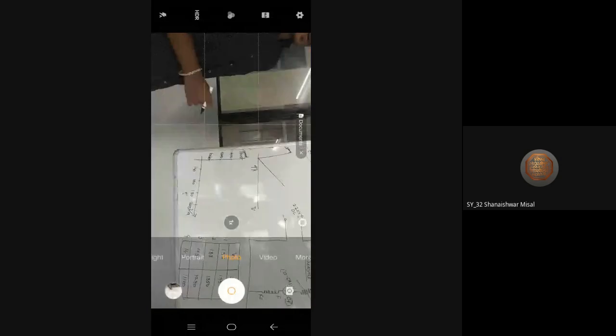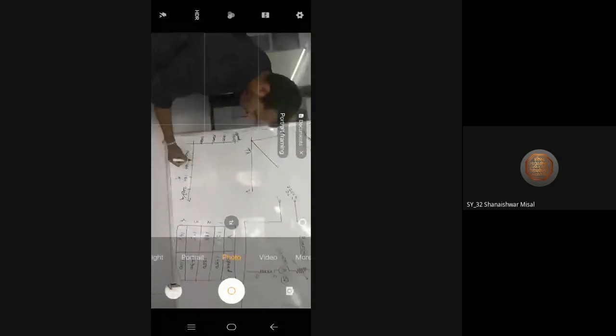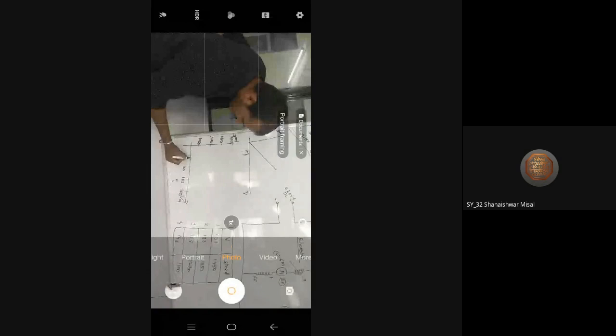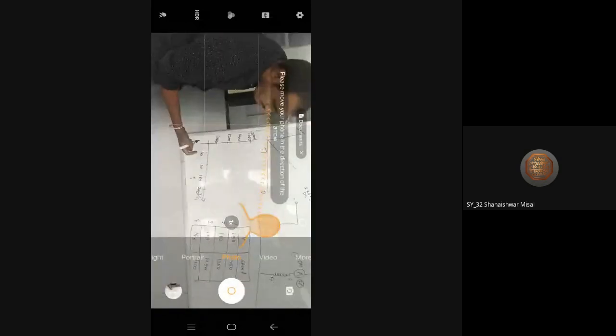With this we will put the points of our readings. The first point is at 146, where my speed was 1100, so it may be somewhere here.